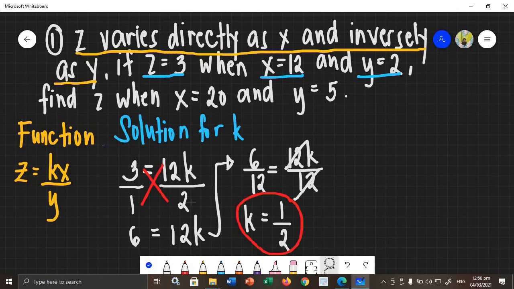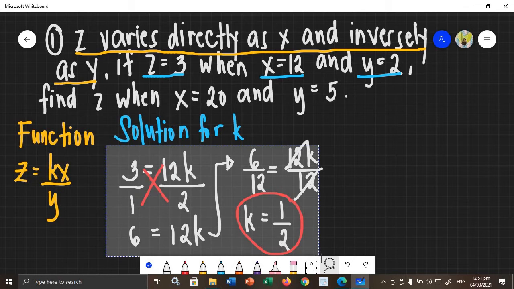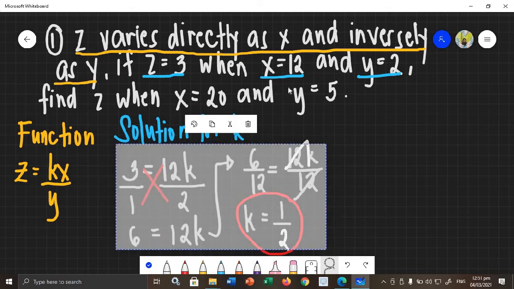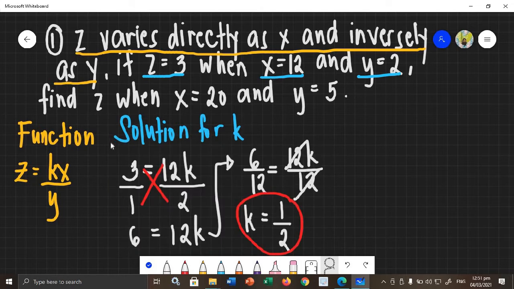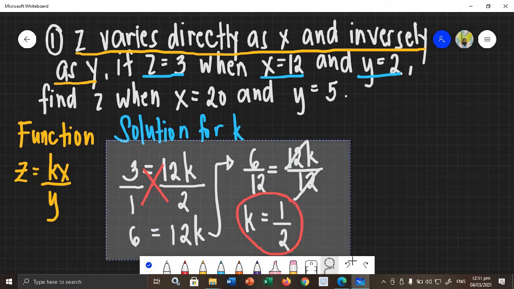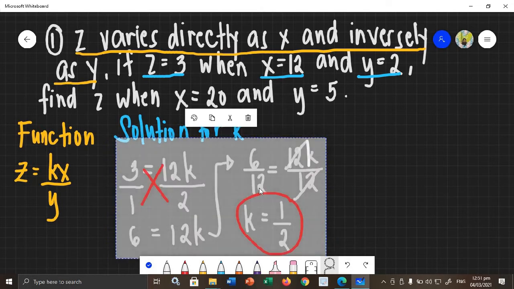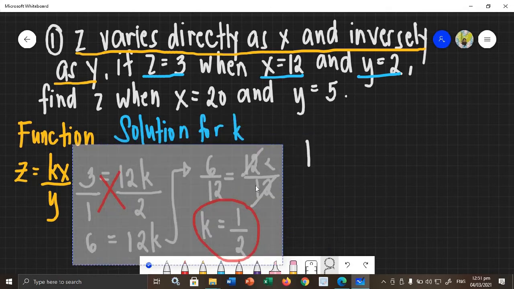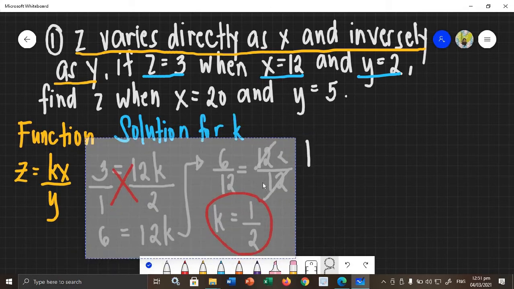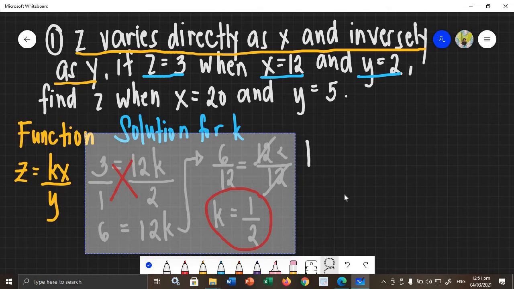Now that we have the value of the constant of variation, pwede na ba natin i-solve yung value ng z? Kasi we are looking for the value of z in the problem, di ba? Yes, we can now solve for the value of z.